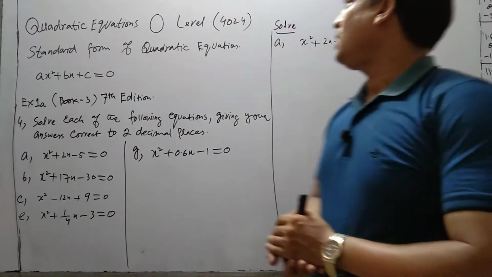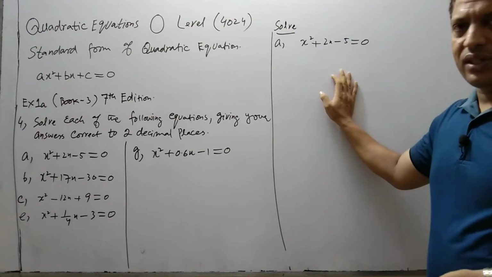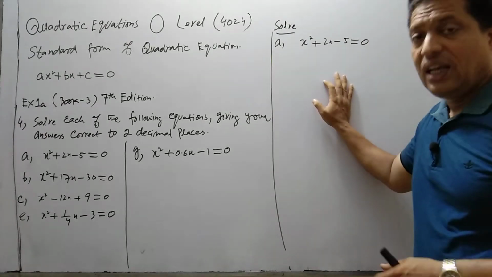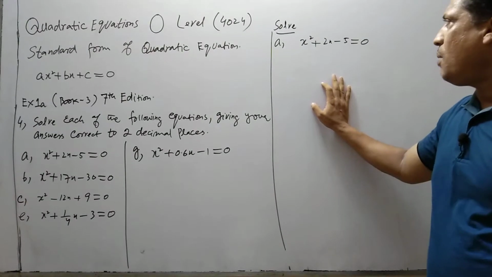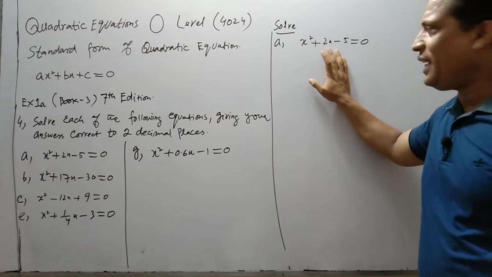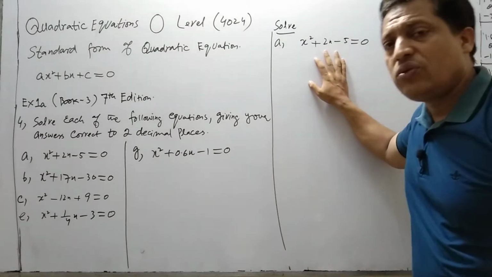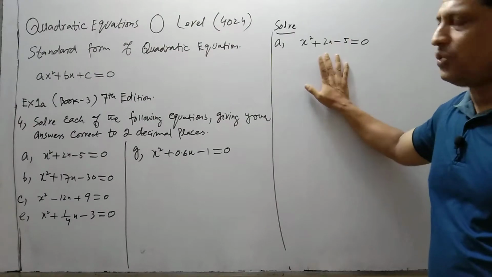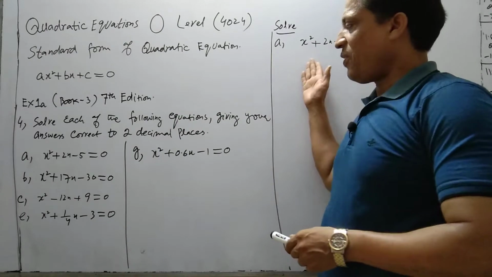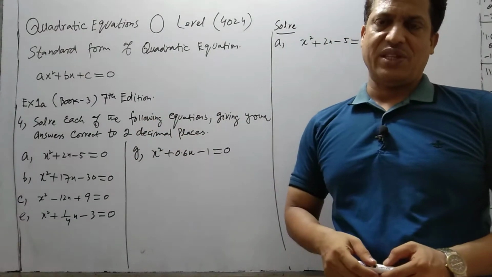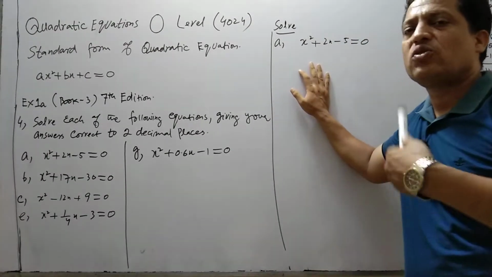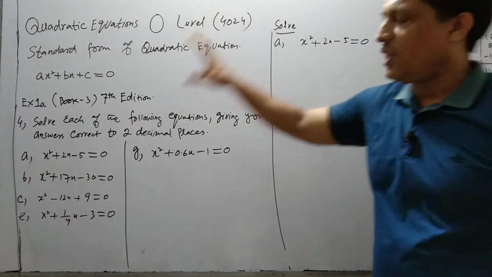The answer is, for these kinds of questions, we cannot apply the method of factorization, the middle term break method, because we don't have two numbers whose multiplication is 5 and whose addition or subtraction is 2. So we cannot apply factorization in these types of quadratic equations. So the new method called the completing square method comes for these questions.